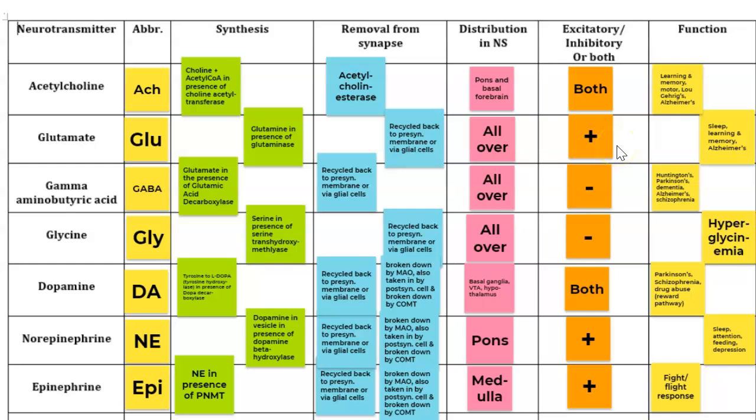The excitatory and inhibitory input that these neurotransmitters can have is because of the receptors they are binding to. So this entire column here is what we're doing for the receptors. We're taking a zoom in on this column and looking at the action of the neurotransmitter onto the specific receptors to give a specific response.